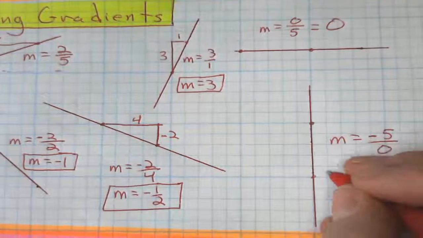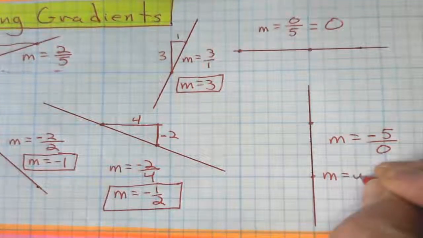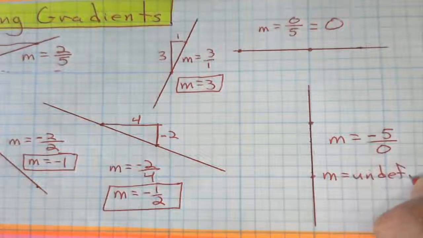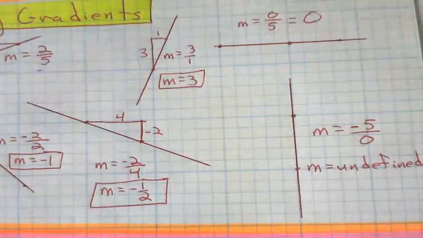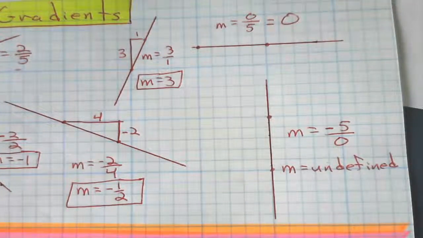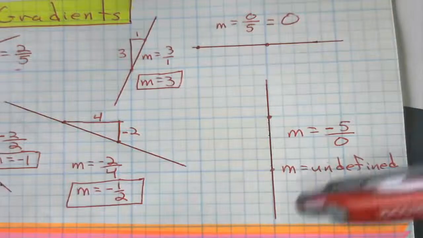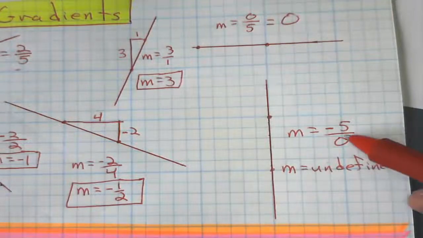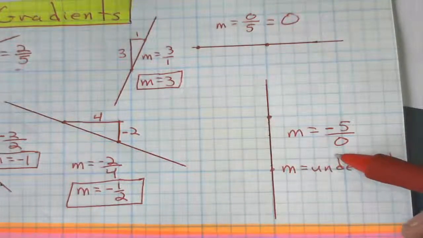So this guy here doesn't give us a number, but what we get is division by 0 is undefined. We get no number. So a vertical line doesn't have a gradient of 0. It's just called undefined because division by 0 is a no-no.